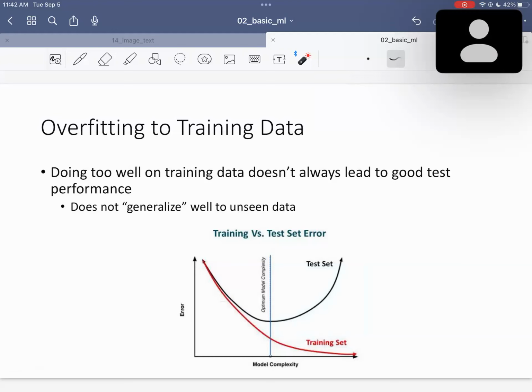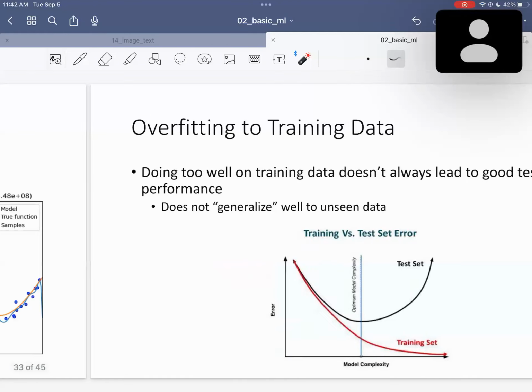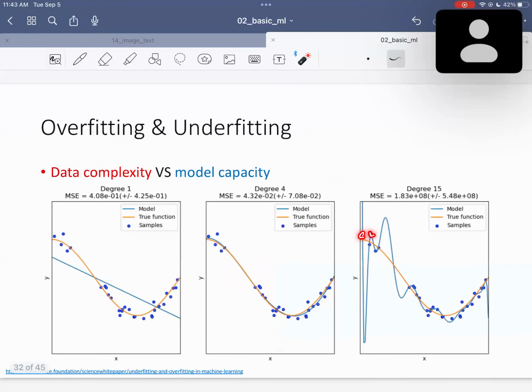You can get a perfect fit if you use a powerful function. The training loss, when you use degree 15, would be smaller than when you use degree 4, because degree 4 is not hitting all the nitty-gritty details, right?